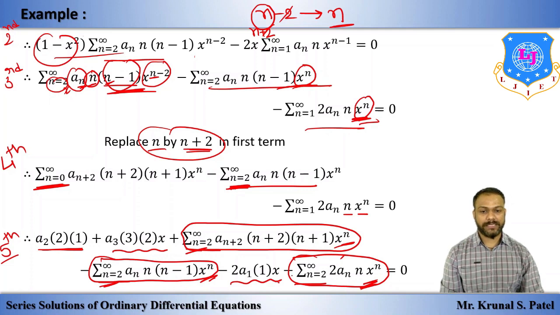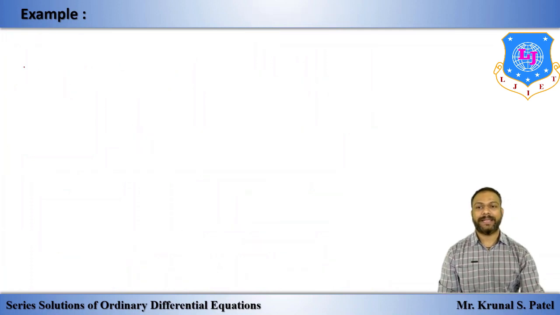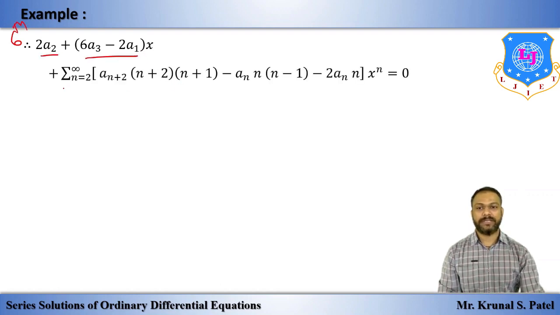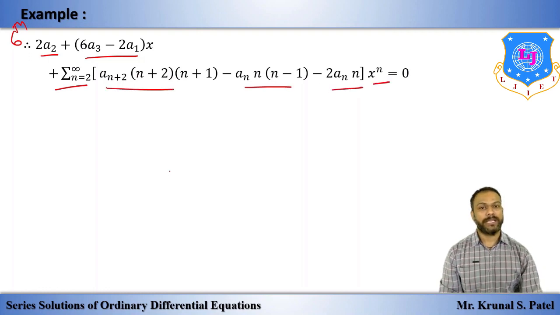So we'll take these three terms together. By collecting, that means we have the sixth step: the constant term, the term with x, and the term with sigma and x to the n outside, and the remaining three terms here. So this is our sixth step. Collect the like power of x.